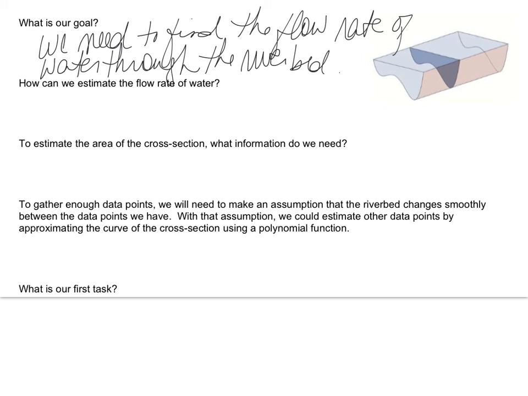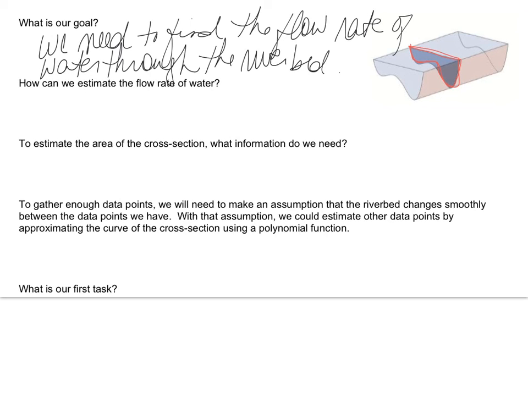How can we estimate the flow rate of water? If we knew the area of the cross section, if we could figure out this area, and the speed of water, then the flow rate is the product of the cross-sectional area in square feet and the speed of water.